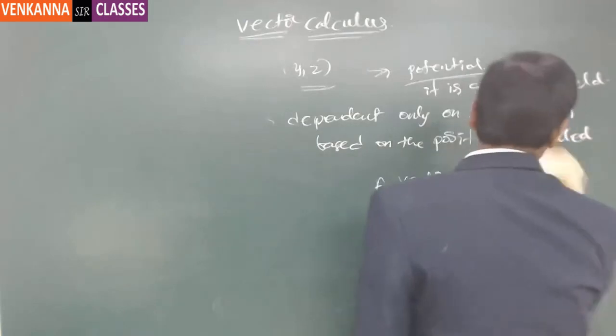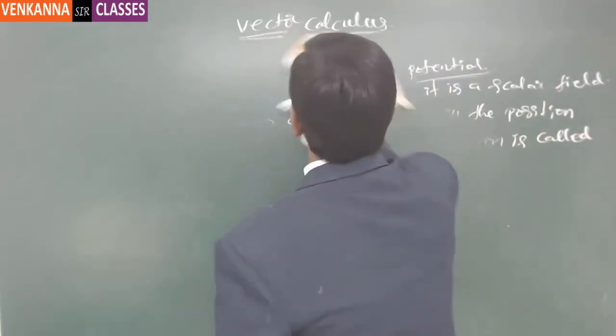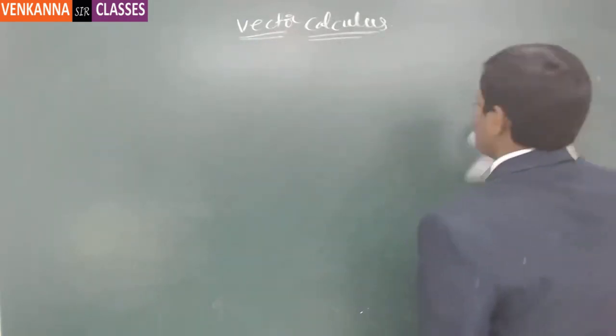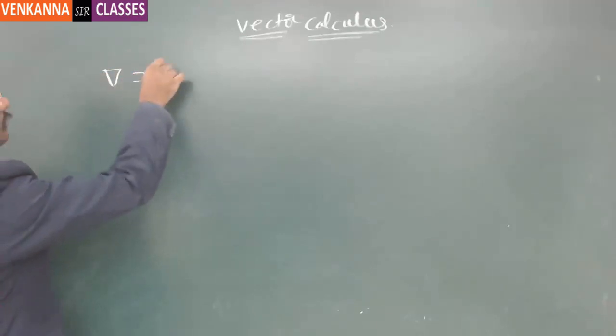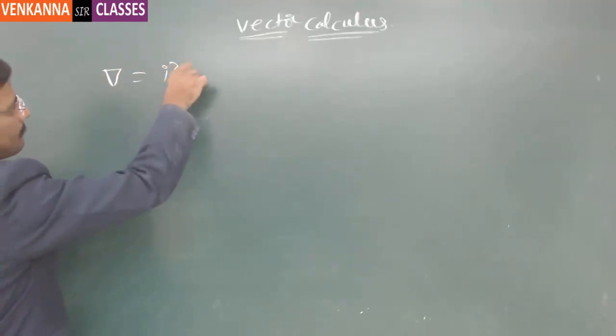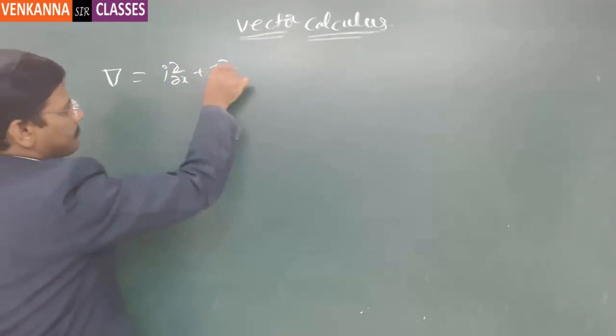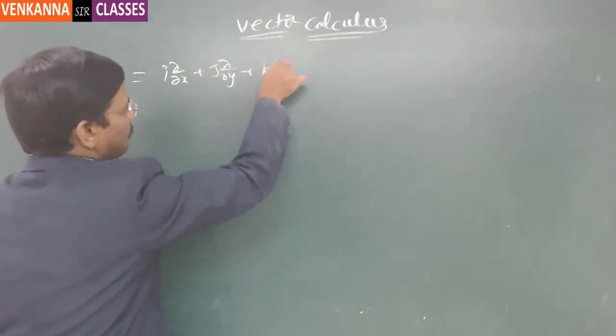Then there is something called del, which is an operator that comes into the picture as part of vector calculus. This del operator is defined as i dou by dou x plus j dou by dou y plus k dou by dou z.